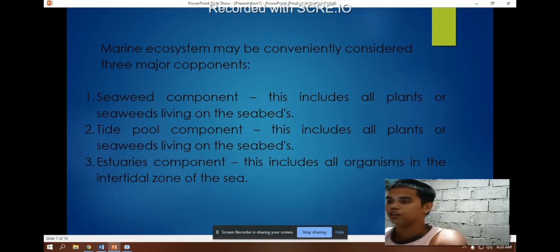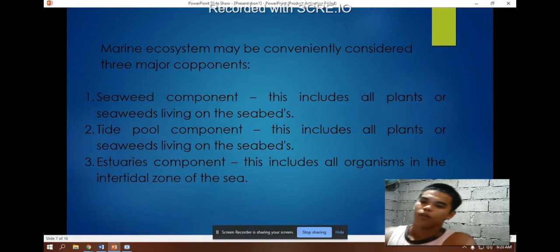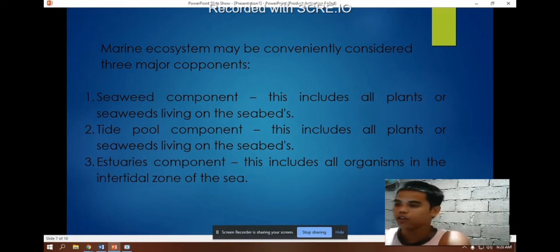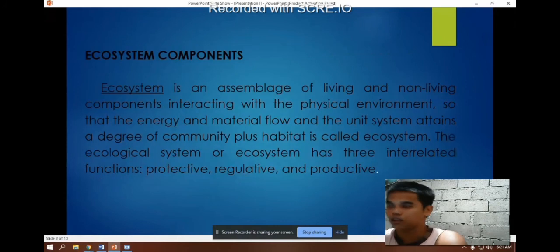Number two, tidal component. Number three, intertidal component. This includes all organisms in the intertidal zone.